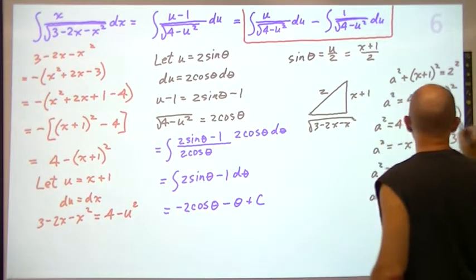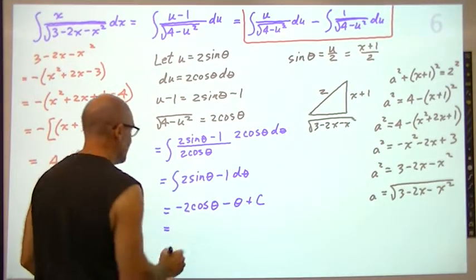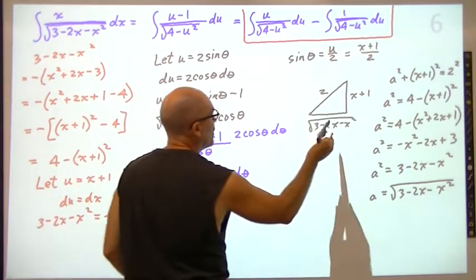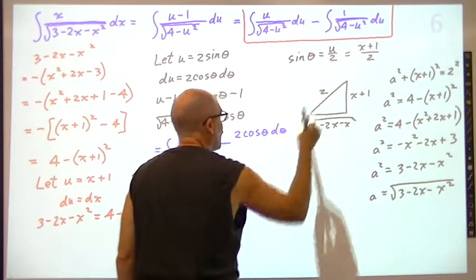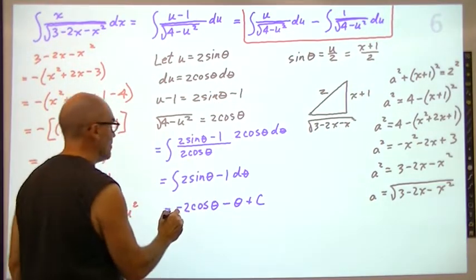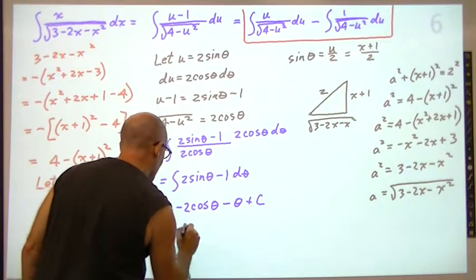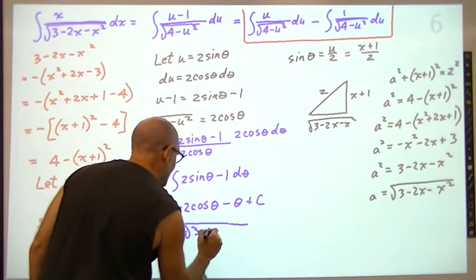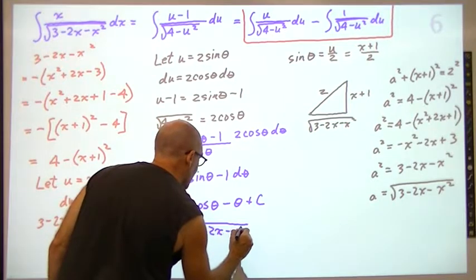So now we're back to this substitution. We've got negative 2 cosine theta. Well, cosine theta is going to be adjacent over hypotenuse. So when we multiply by negative 2, that just ends up being negative radical 3 minus 2x minus x squared.